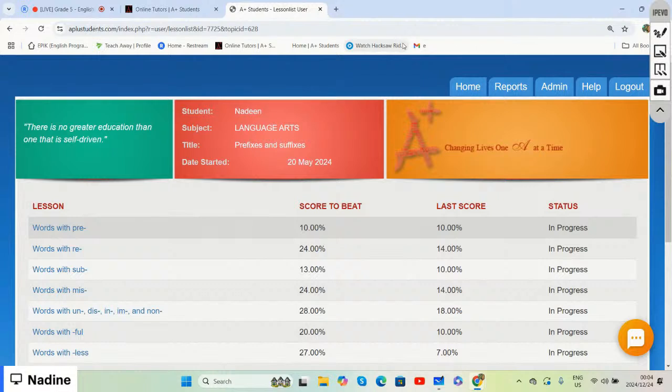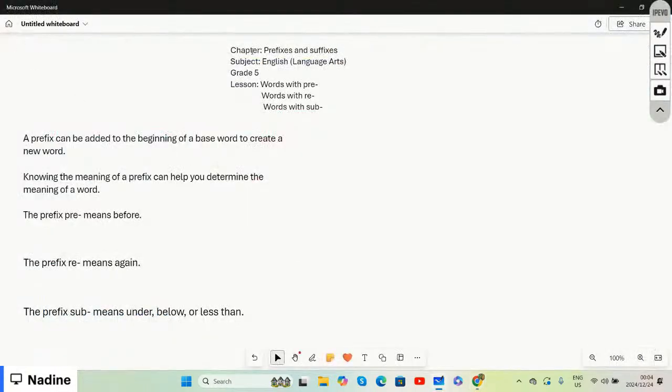All right, so our chapter is prefixes and suffixes. Our subject is English language arts. We're doing grade 5.